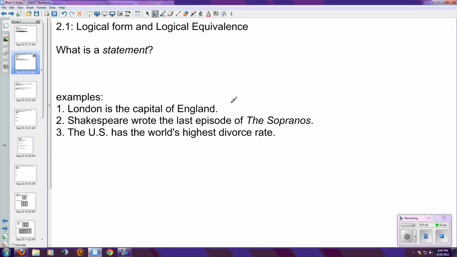Well, yeah, this one's true, but this is completely false. And then the US has the world's highest divorce rate. This one, who actually knows? But the point here is it does not matter. What does matter is that we can, at some point or another, determine if it is true or false.